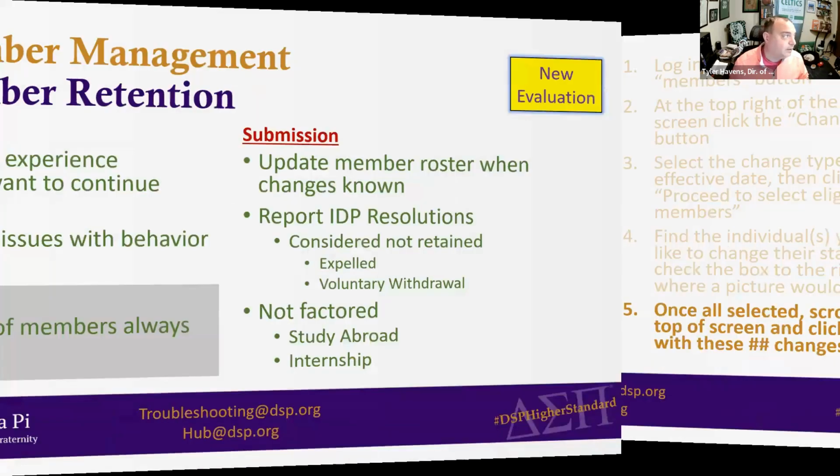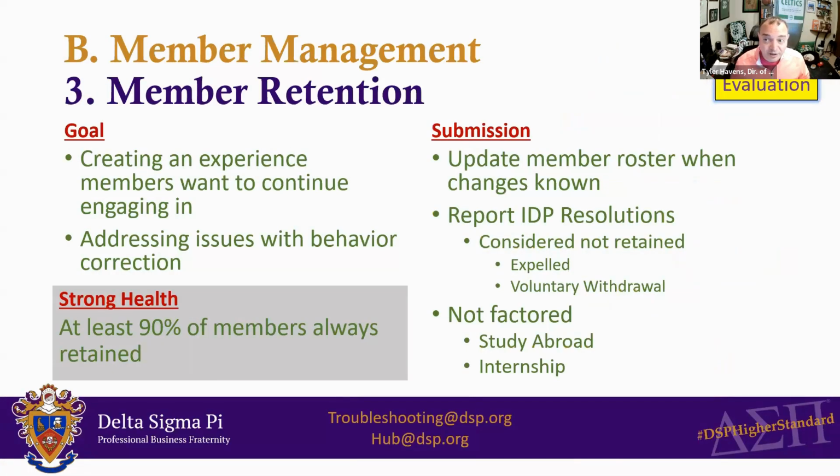All right. Member retention is a new metric for us, or a new health indicator for us under CMP. Essentially, what we are looking at here is assuring that our chapters and the fraternity are creating an experience for members to continue that they want to engage in, and that they're addressing issues that can have some behavior correction instead of simply expelling members.